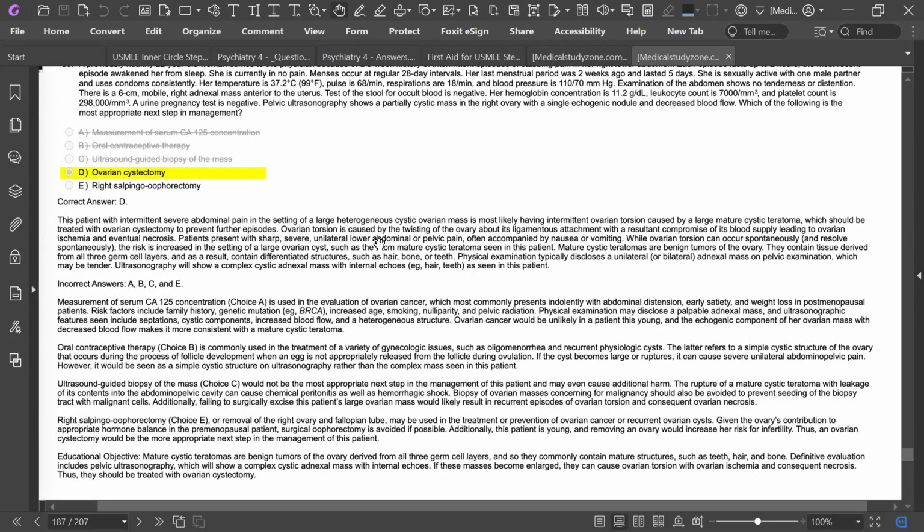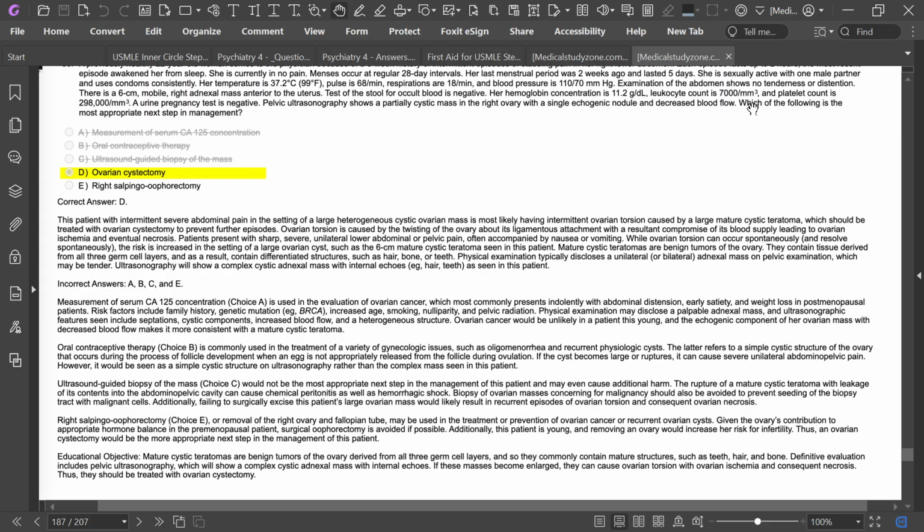Patients present with sharp, severe unilateral lower abdominal or pelvic pain, often accompanied by nausea or vomiting.